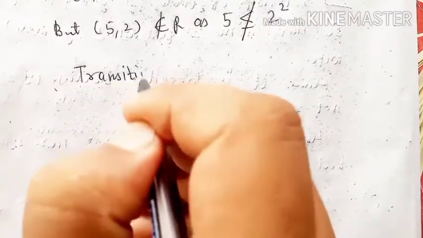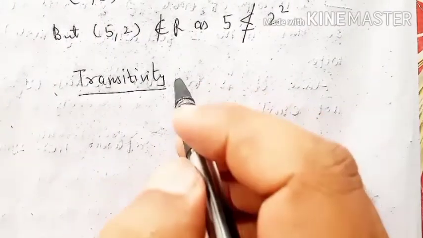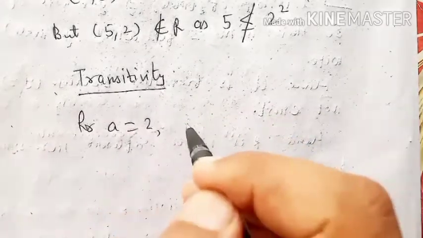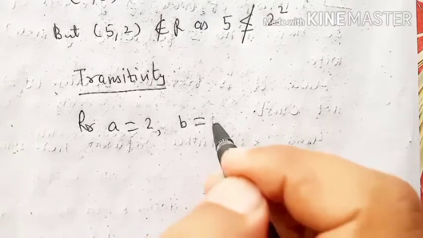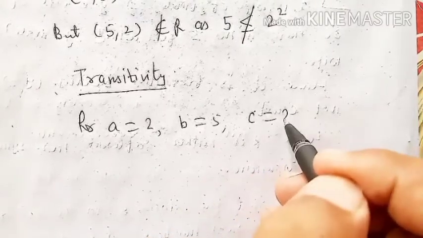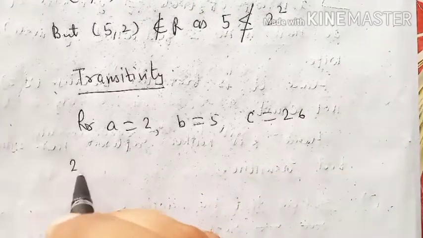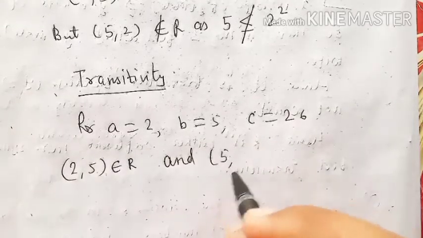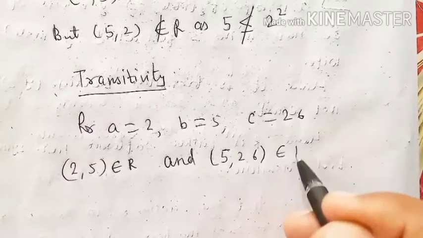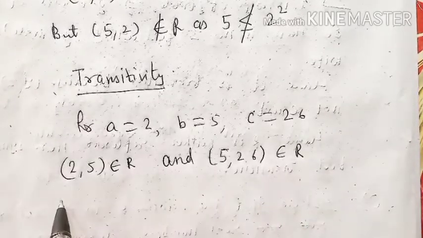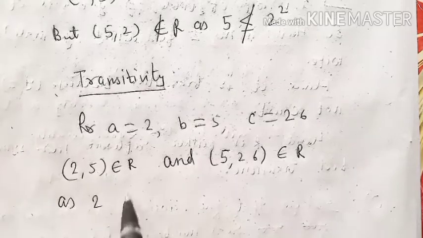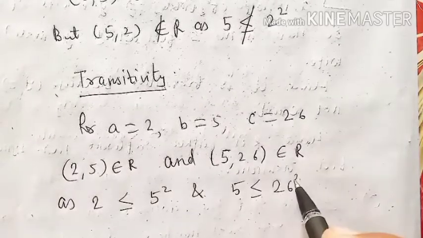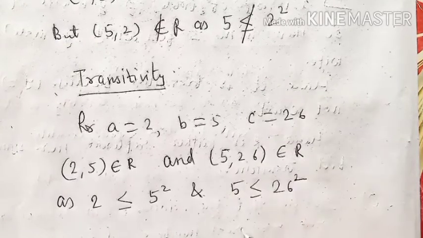Transitivity. For A is equal to 2, B is equal to 5, C is equal to 26, (2, 5) belongs to R and (5, 26) belongs to R as 2 is less than or equal to 5 square and 5 is less than or equal to 26 square.